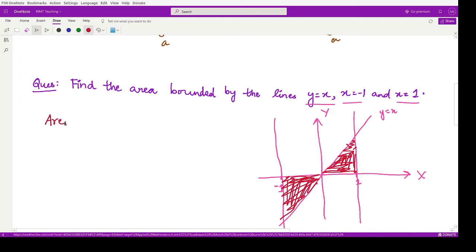Let us name it: this is the point O, this is the point A, this is the point B, this is the point C, and this is the point D. So the total area that we are to calculate is the area OCD plus OAB, right? But because they are symmetrical with each other, we can write this to be twice the area of OAB.